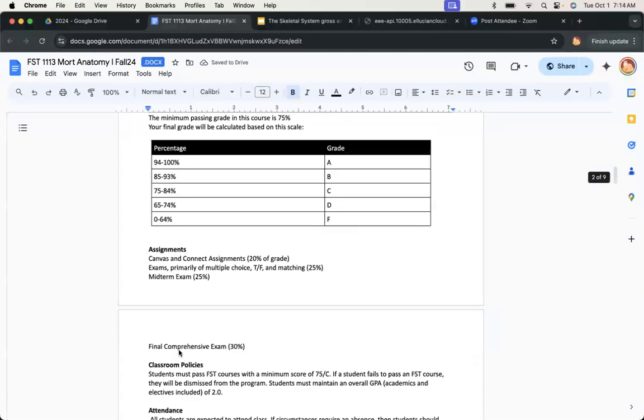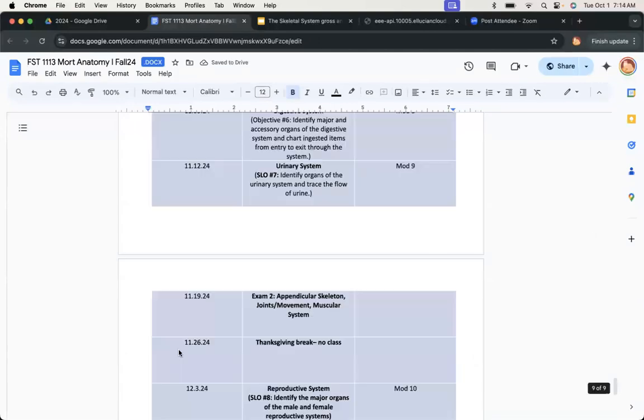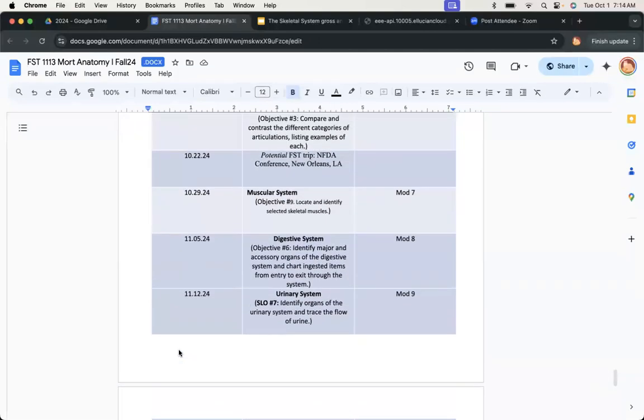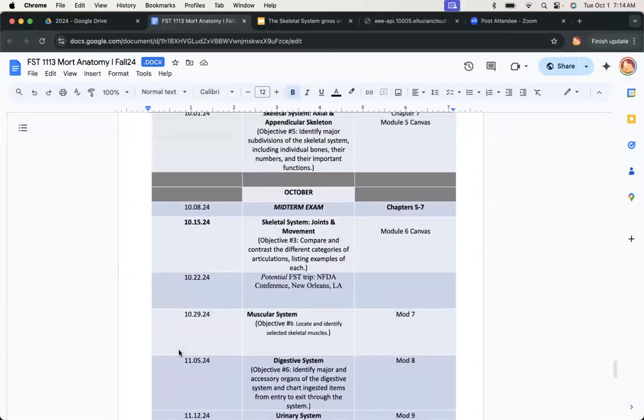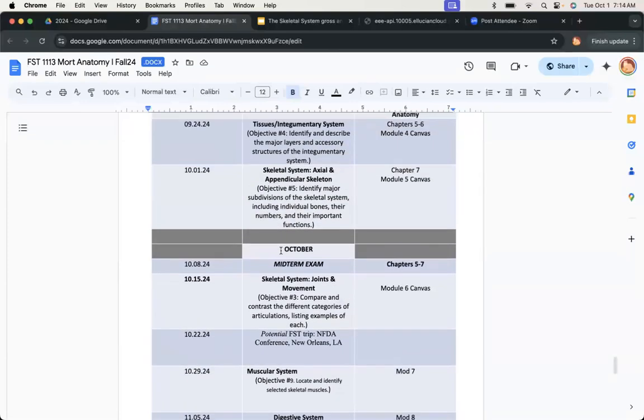Yes, okay, so we'll do the appendicular skeleton as well.